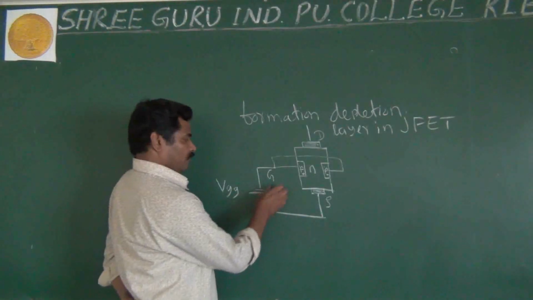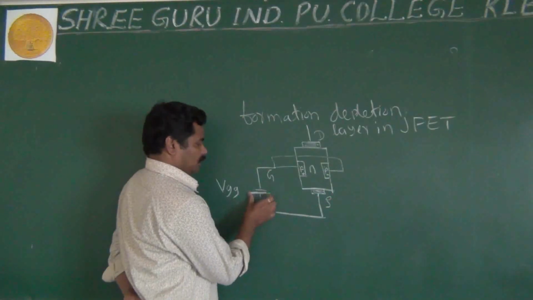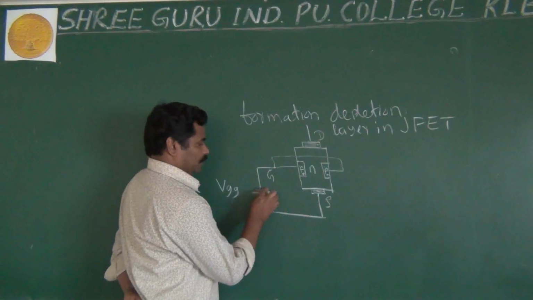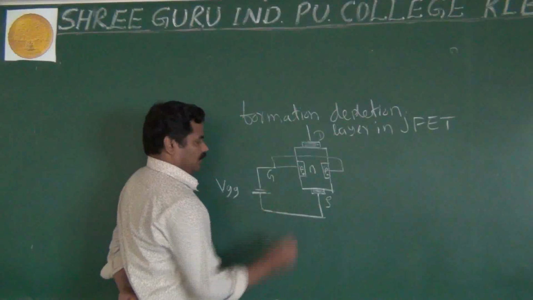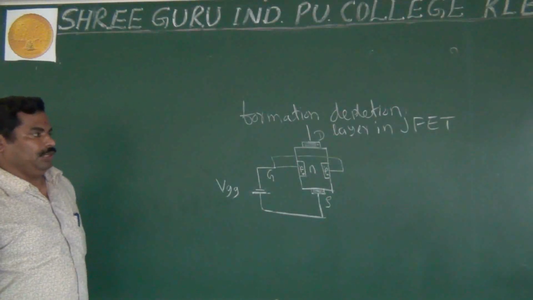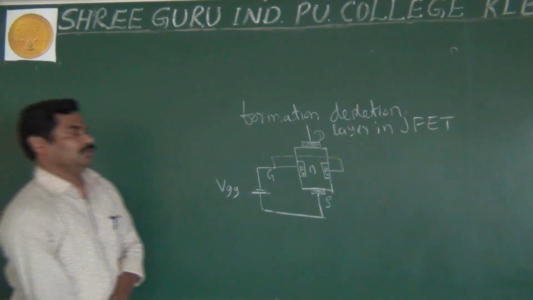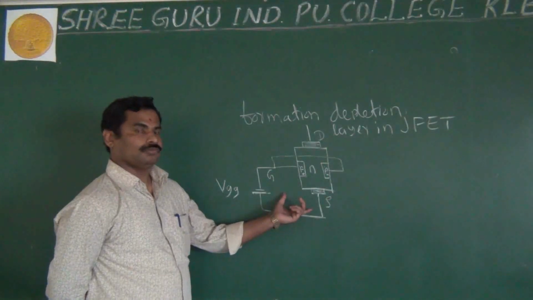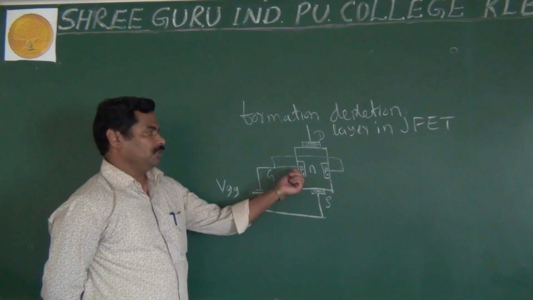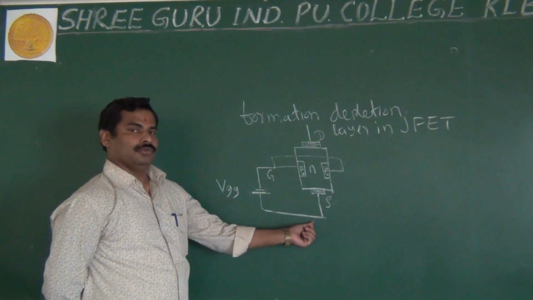And actually, as we know already, in FET, both the junctions are reverse biased. First, you go for the input section. In the input section, you are having the gate and source, right?